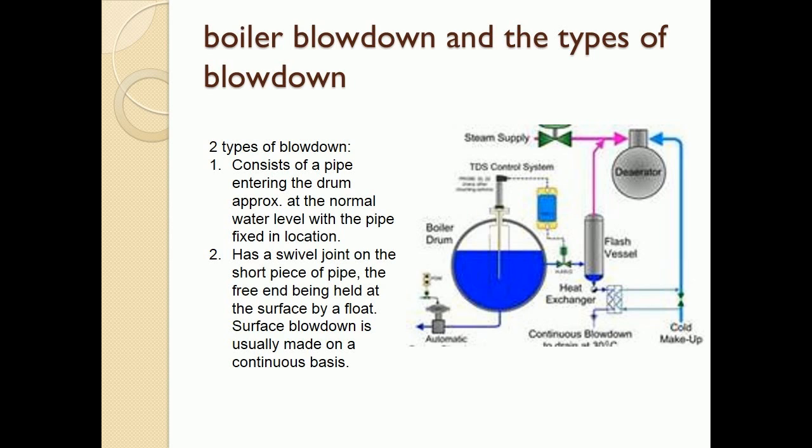It has a swivel joint on the short piece of pipe, the free end being held at the surface by a float. Surface blowdown is usually made on a continuous basis. 2. The mass blowdown or automatic blowdown, which is used intermittently for high drum levels and if solids get too high in the boiler water.